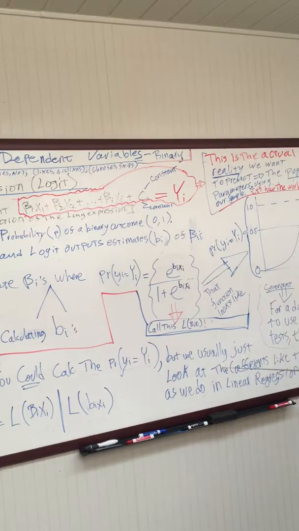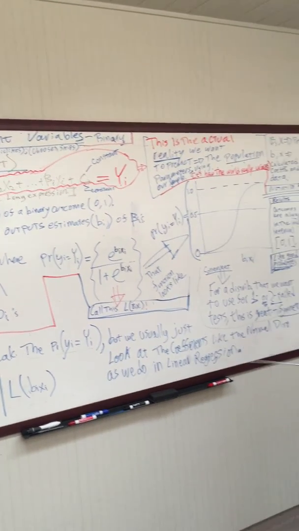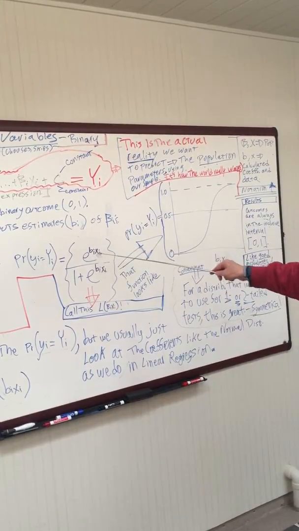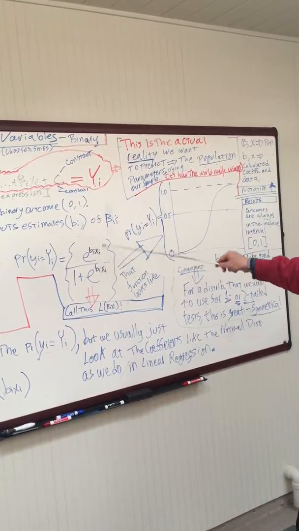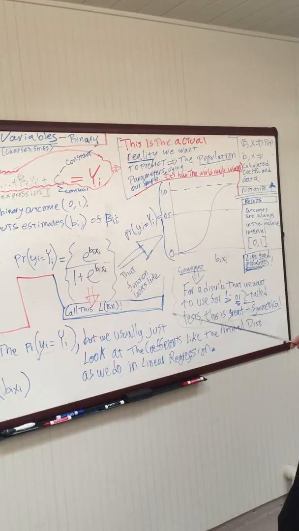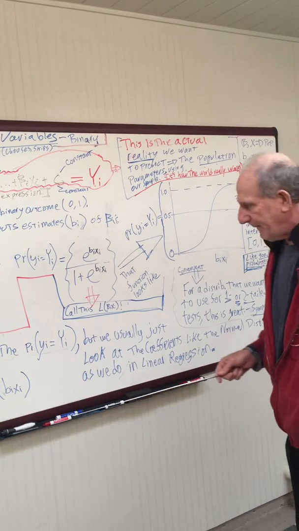We usually just look at the coefficients, just as we do for the normal distribution in linear regression. But we could plug the data and the estimated betas, the calculated b's, into this and get the actual probability. Again, we don't, we look at the coefficients.